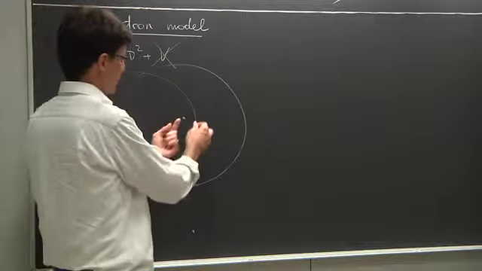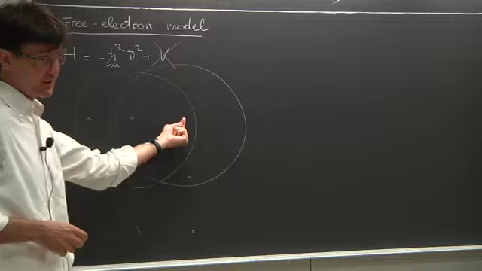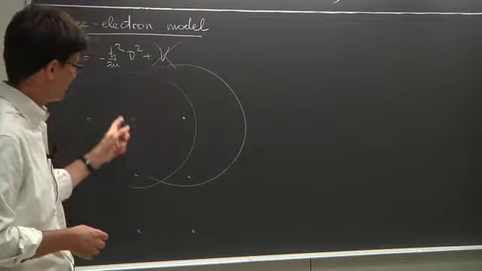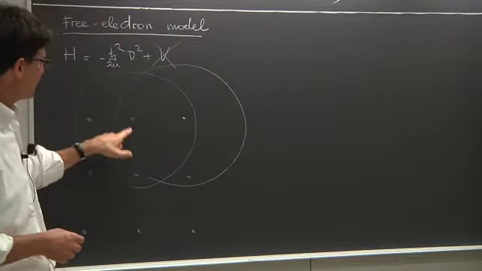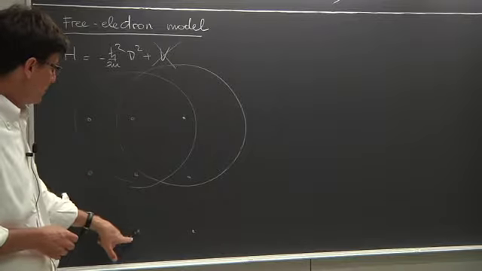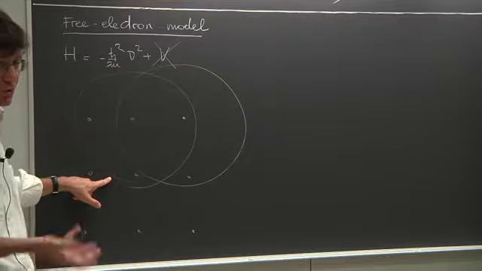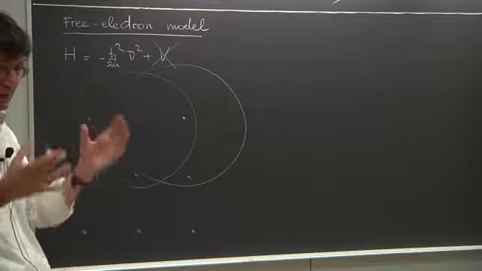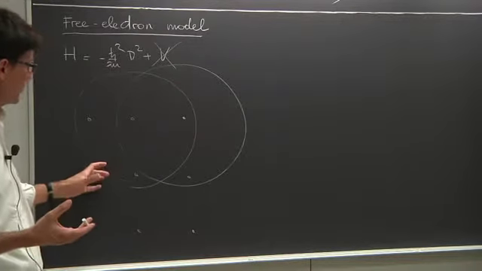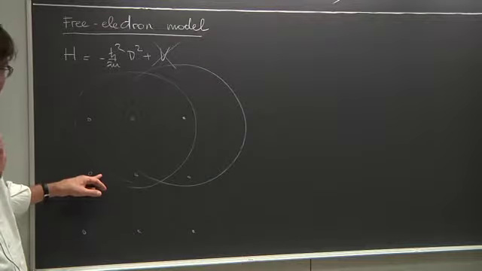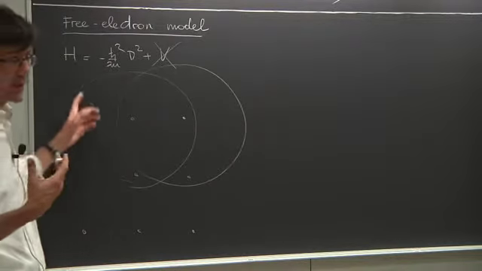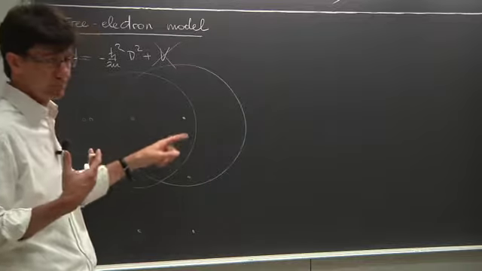If you are this electron here, the electron sitting centered at this point, that is this circle here, you will certainly see the presence of the other nuclei, but at the same time, all the other electrons, because they're so easy to polarize, to displace their charge, will actually screen very efficiently all the other nuclei from your view.